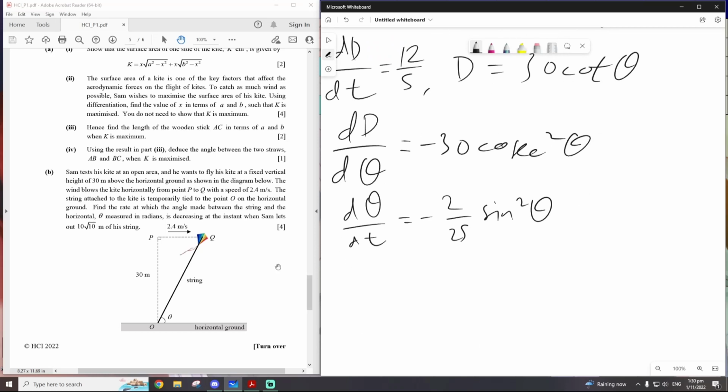So when Sam has let out 10 root 10 of the string, when OQ, so what is OQ actually? You'll notice that OQ is 30 cosecant theta. So 900 cosecant squared theta is 1000. So sine squared theta is 9 over 10.